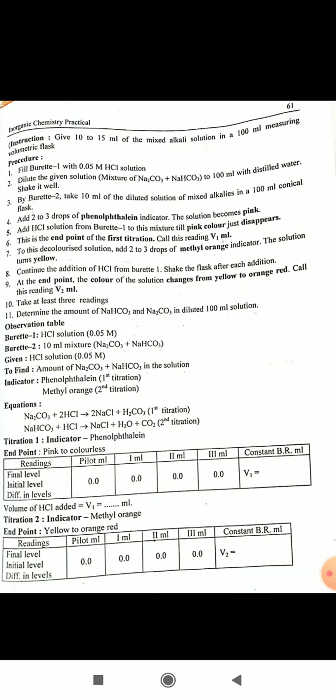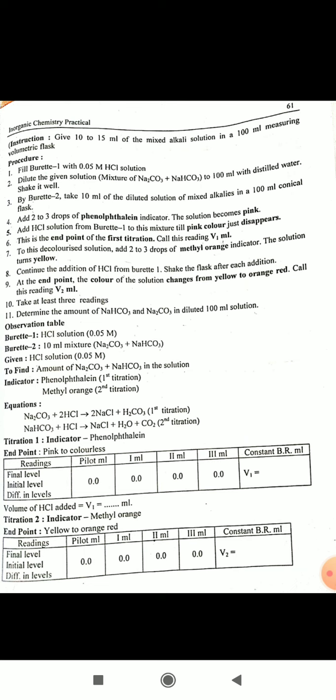Next, the observation table of this practical. Burette first has HCl solution. Burette second has 10 ml of the mixture of Na2CO3 plus NaHCO3. Given HCl solution is 0.05 molar. To find the amount of Na2CO3 plus NaHCO3 in the solution.